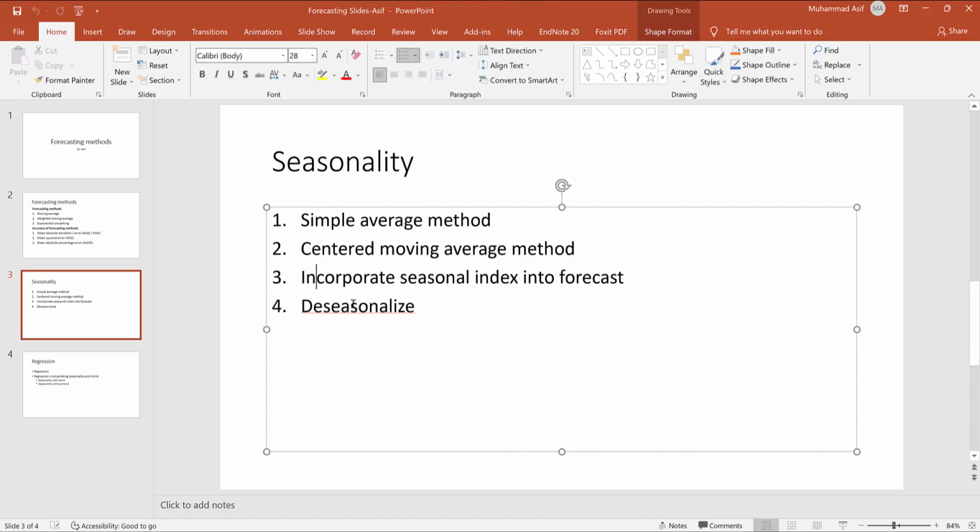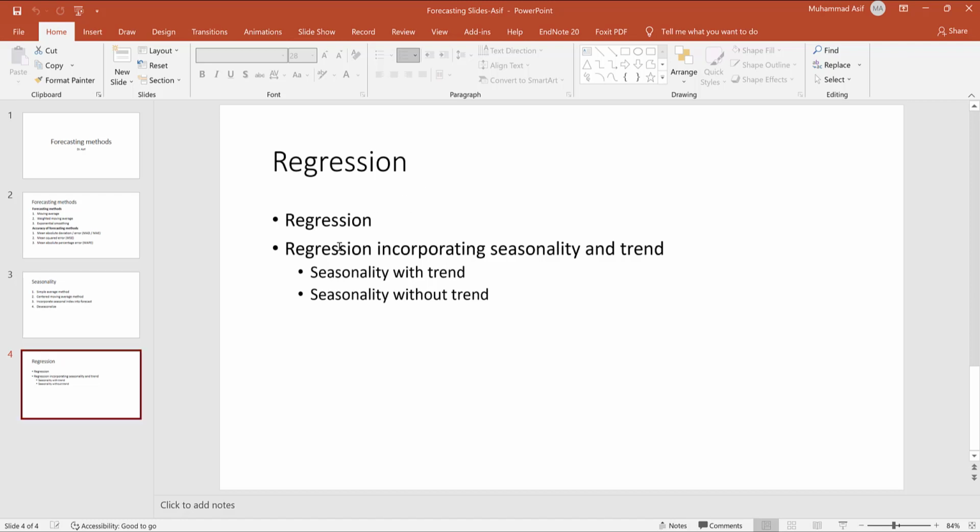And if you have to deseasonalize, we do exactly the opposite of this, which means we divide our values by the seasonal index to remove the seasonal effect. And then finally we did regression, whereby we discussed simple regression, and then regression whereby seasonality with trend and without trend are also incorporated.